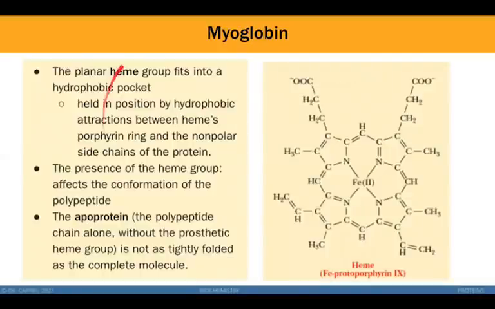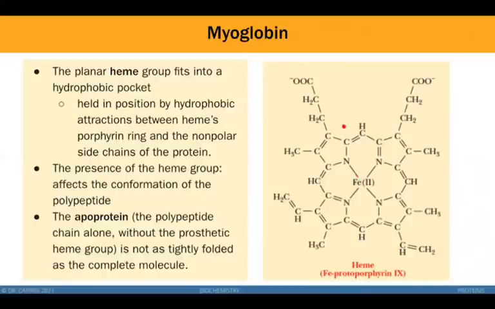The planar heme group fits into a hydrophobic pocket, and is held in position by hydrophobic attraction between the heme porphyrin ring and the nonpolar side chains of the protein. So this is the whole structure of the heme. It is in this part, particularly the iron, where the oxygen is bound.